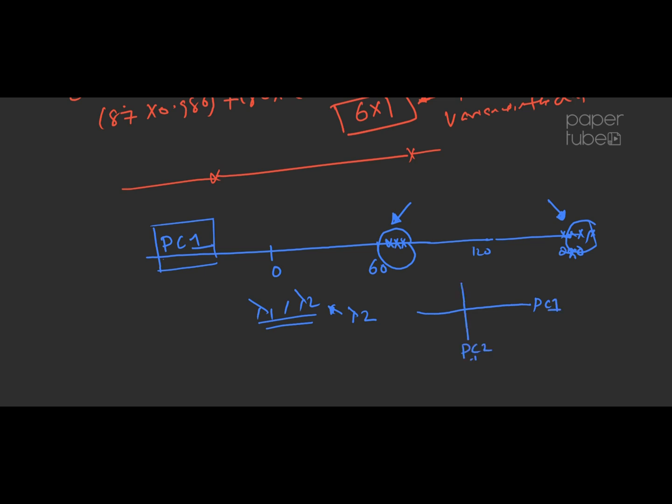So PC2 will come from the actual data set multiplied by the eigenvector that corresponds to the second eigenvalue, which is the lambda 2. Sometimes you may need 3 principal components, so in this case you have to plot the third principal component, which is PC3.